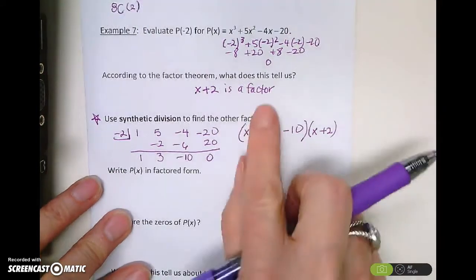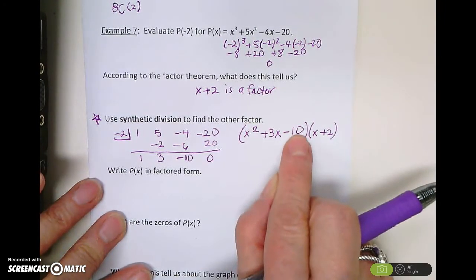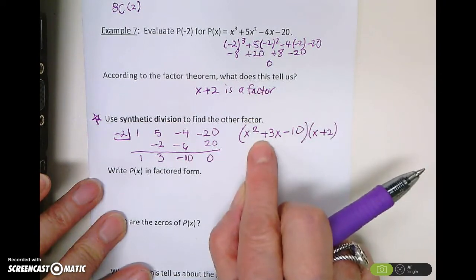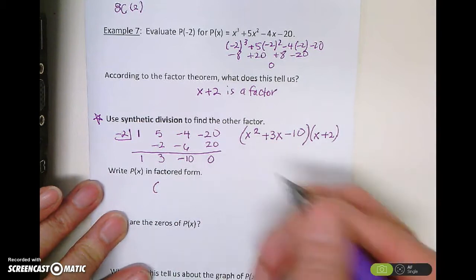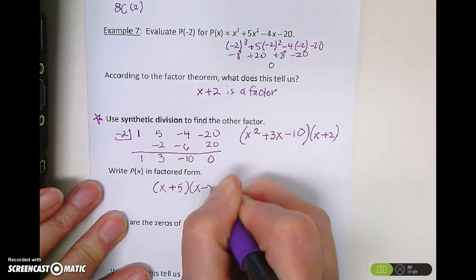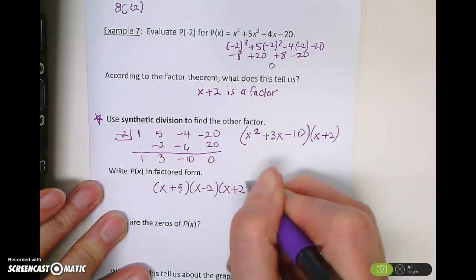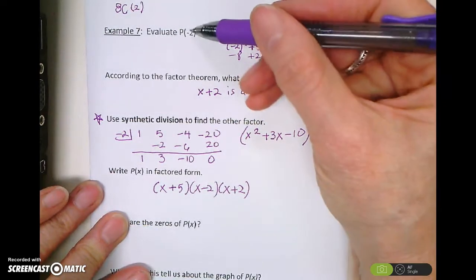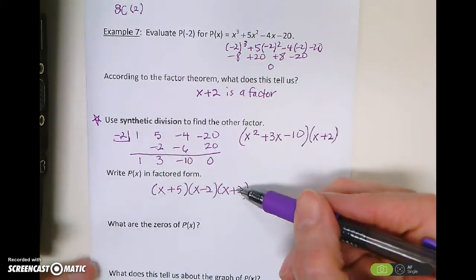All right, so now what we want to do is factor this. Two numbers that multiply to be negative 10 and add to be 3 would be 5 and 2. So it's going to factor into x plus 5, x minus 2, and then we also had the x plus 2 that came from before.